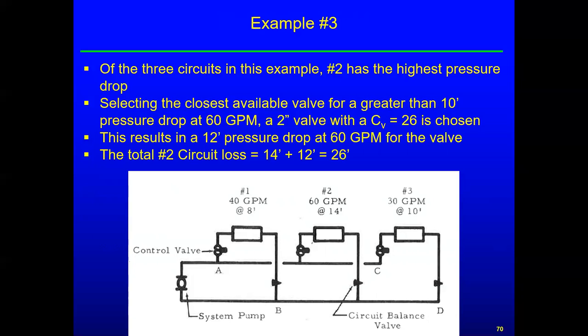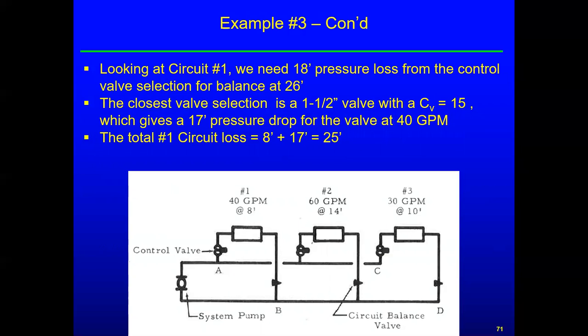And we can check that that gives a 12-foot drop. If we take my 60 GPM divided by 26, square it, times 2.3, that comes up with 12. Sure enough, that's a 12-foot pressure drop. The rest of the circuit has 14, so that puts us at 26 for circuit number 2.